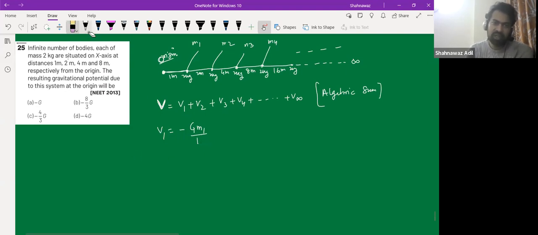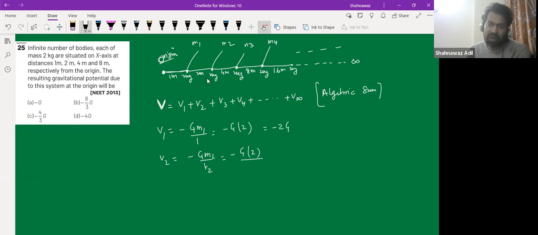Mass M1 is 2 kg, so this is minus 2G. And then we have V2, that would be minus G M2 by R2, M2 is again 2 and R2 is 2 meters. So this is minus 2G by 2.